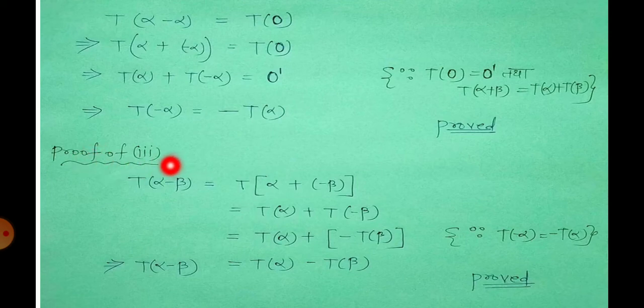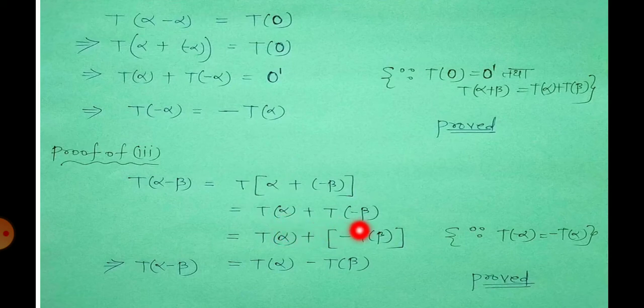Now we see the proof of the third, where we have to prove T of alpha minus beta is equal to T alpha minus T of beta. So we start with T of alpha minus beta. We can write T of alpha minus beta as T of alpha plus of minus beta, plus minus is again minus. From the definition of linear transformation, the first property, T of alpha plus minus beta is equal to T of alpha plus T of minus beta. T of alpha is the same.